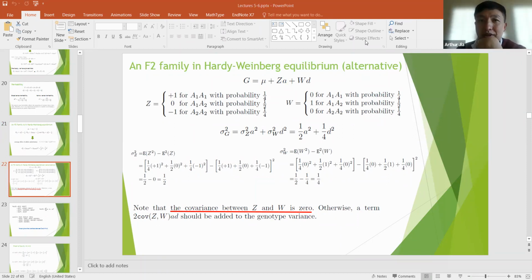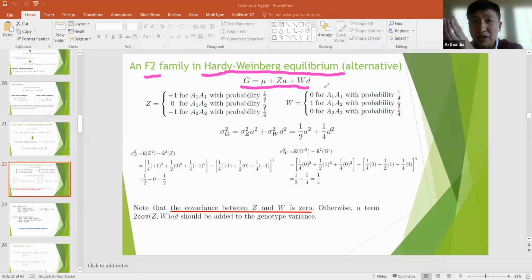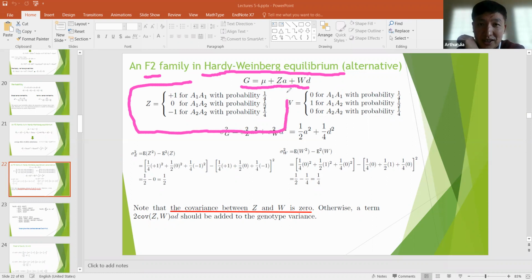So if any locus in this F2 population is following this Hardy-Weinberg equilibrium, then when we use this classical linear regression model to help detect the potential association between this locus and the phenotype, we need to know how we code these 2 variables here.